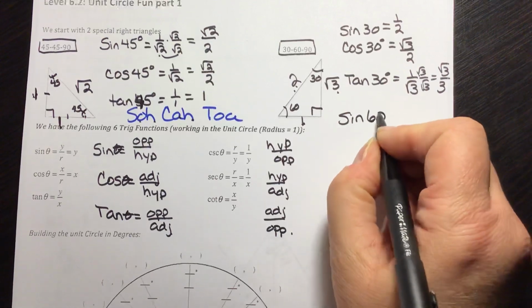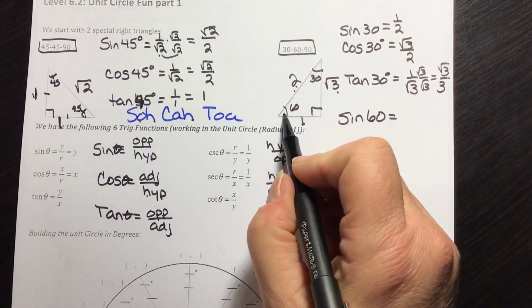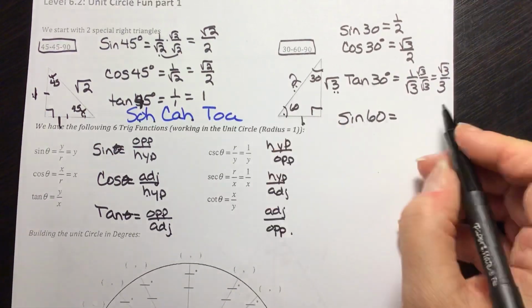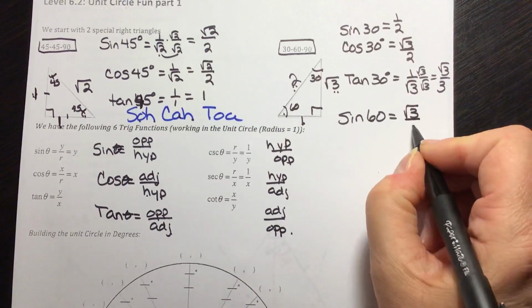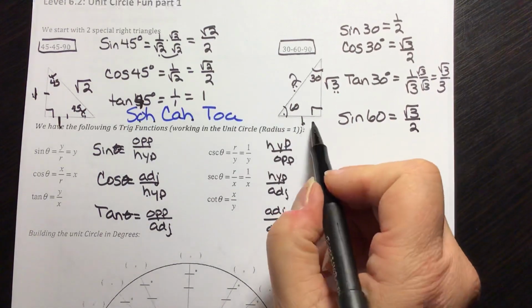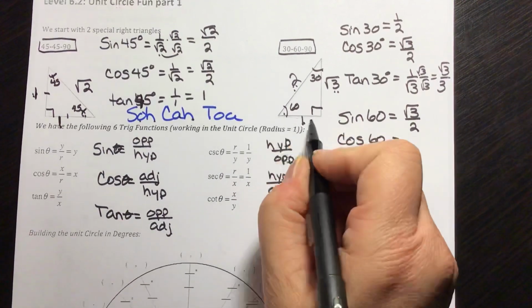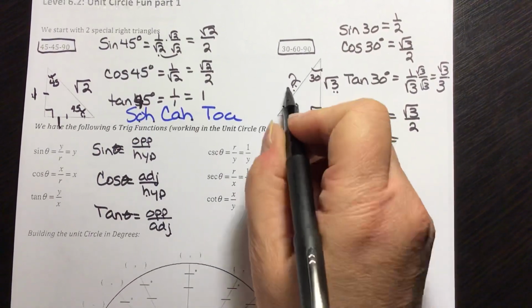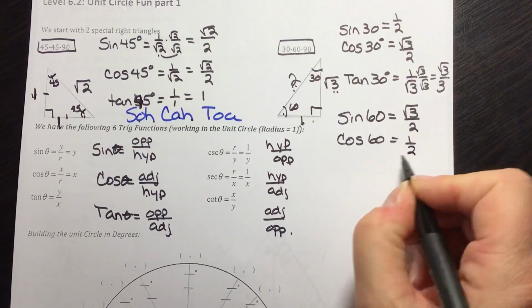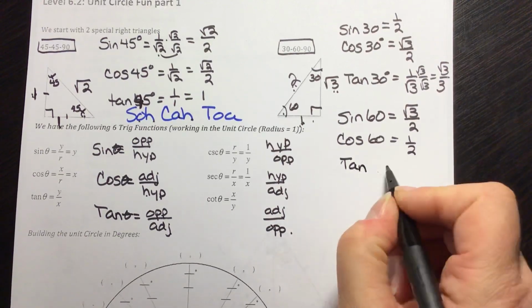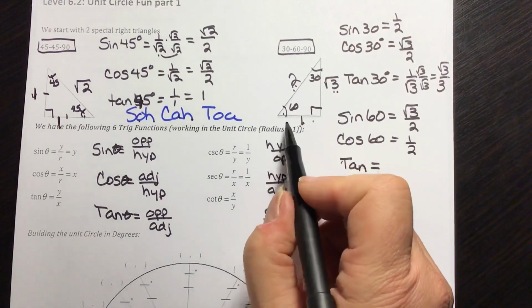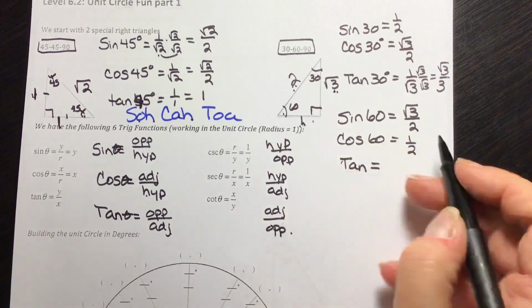Sine of 60. Sine is opposite over hypotenuse, square root of 3 over 2. Cosine of 60 is adjacent, which is 1 over 2. And tangent is opposite, which is square root of 3 over 1.